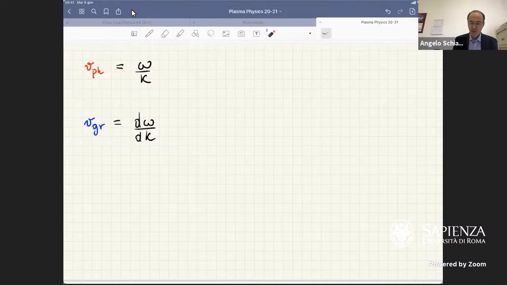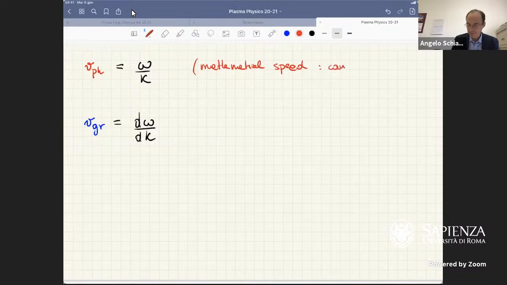So I call it, in order to remember, a mathematical speed, and it can go to infinity. On the opposite, we have what is called the physical speed.